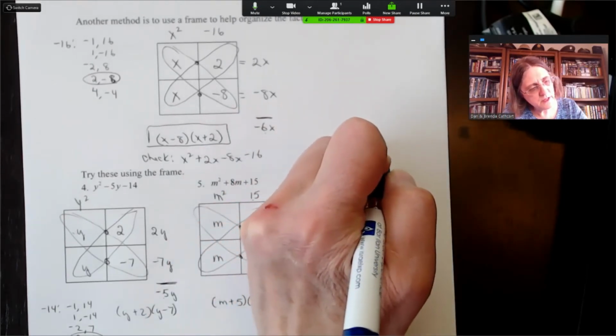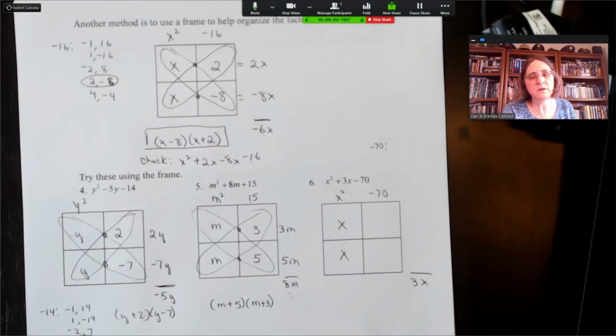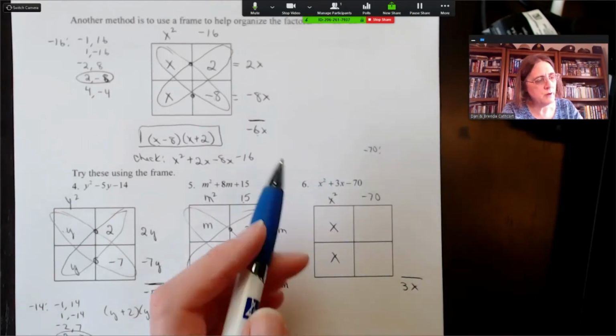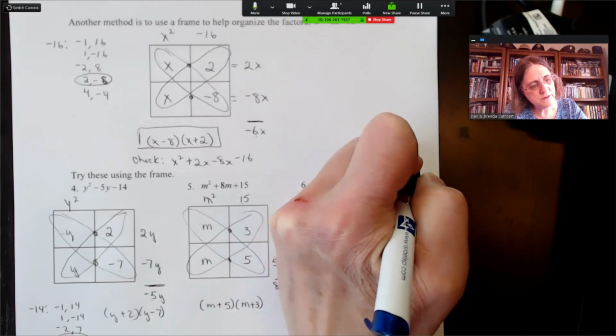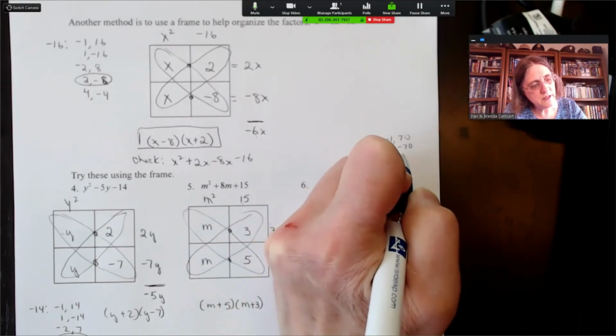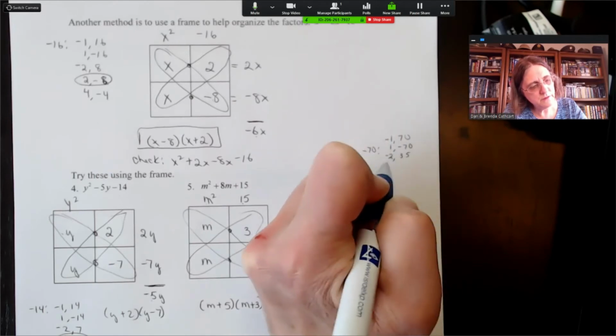I'm going to write the factors of negative 70 at the top of the screen. We have, of course, negative 1 and 70 and 1 and negative 70. 2 divides into that 35 times.